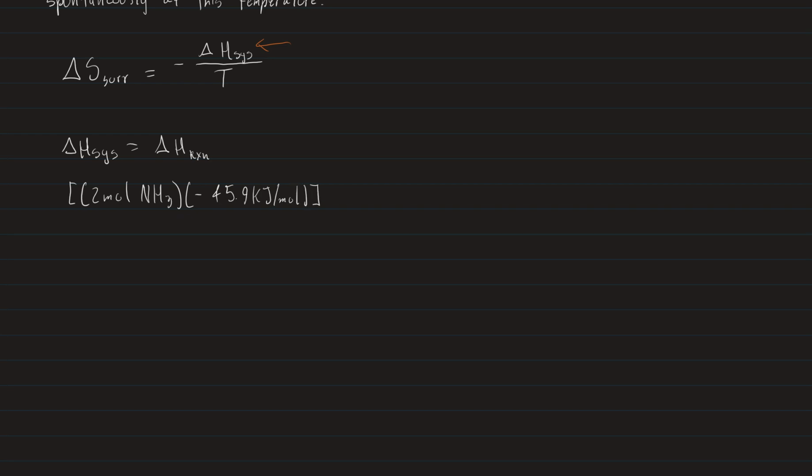And then since that's all on the product side, now we move on to the reactants, and we're going to have 3 moles of H2 times 0 kilojoules per mole plus 1 mole of N2 times 0 kilojoules per mole.